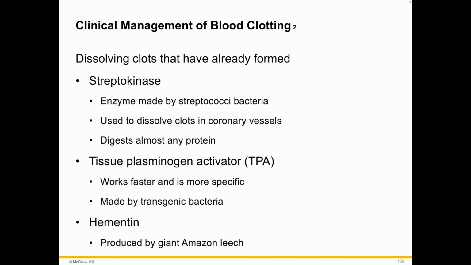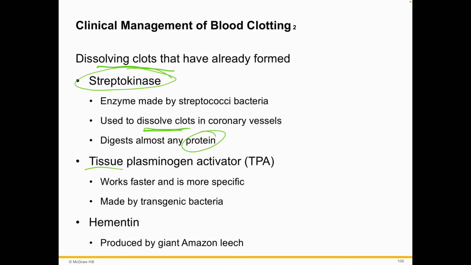Dissolving clots that are already formed, right? For folks that have had a stroke or blood clots in the legs, we usually use different methods, including enzymes that can go in and start chewing away at different clots. They're going to be used to dissolve these clots. It really digests lots of proteins, but there are negative side effects as well.